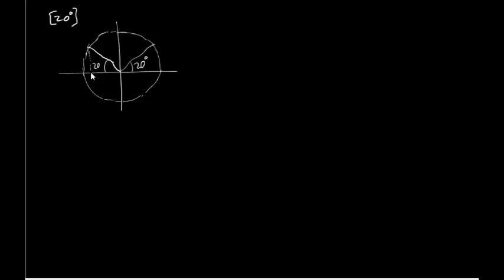Well, that has the symmetry properties as a reflection across the vertical, and that's going to be 180 minus 20, which gives you 160 degrees. And that's going to be the same as this symmetry across the horizontal, which is going to be 180 plus 20. So we get 200 degrees.